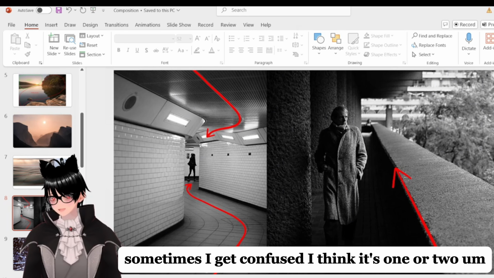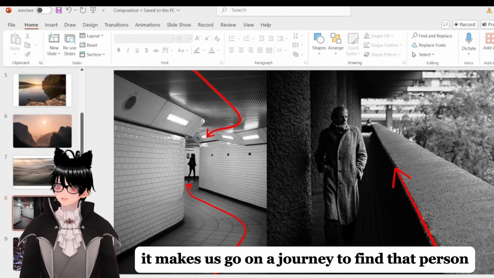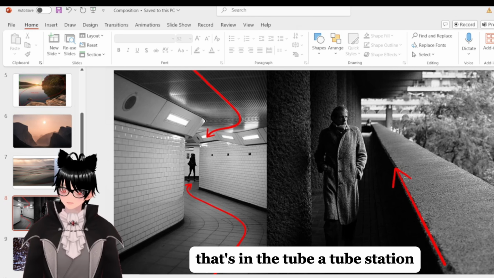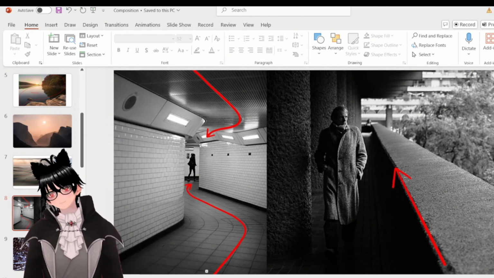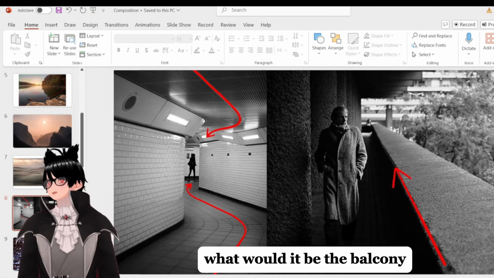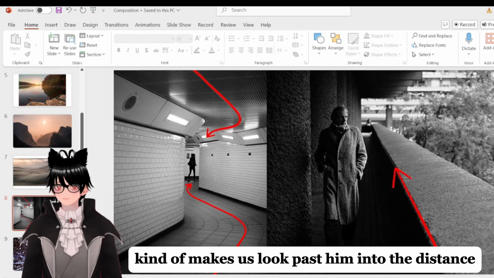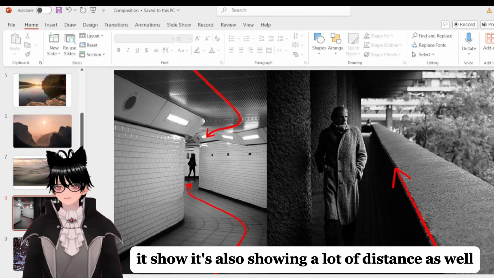In the tube, it makes us go on a journey to find that person in the tube station. And then we've got the man, and the harshness of the balcony makes us look past him into the distance. It's also showing a lot of distance as well.